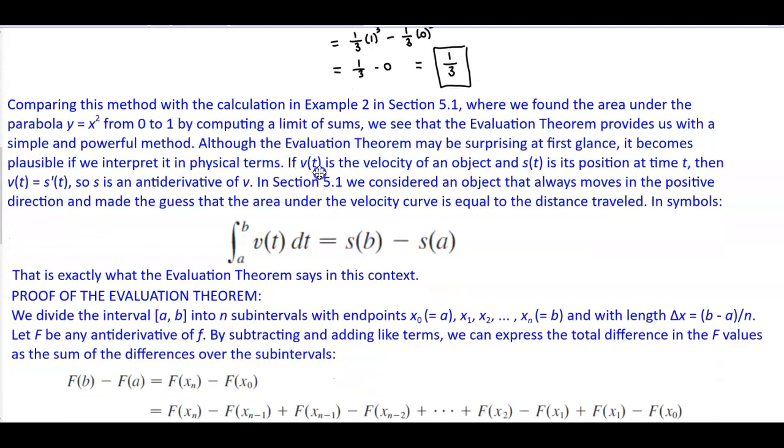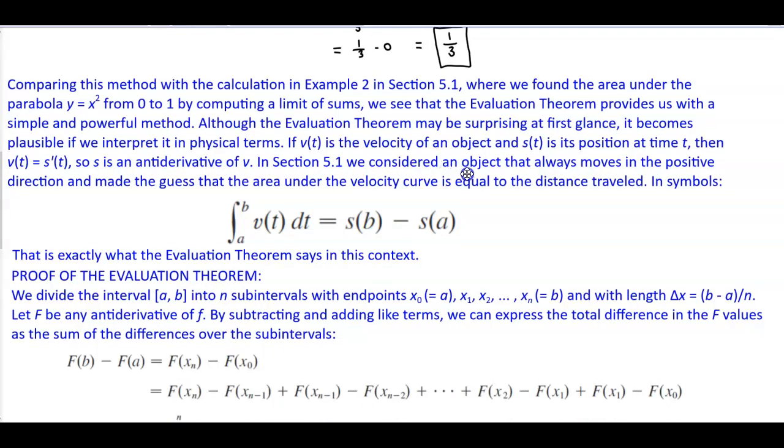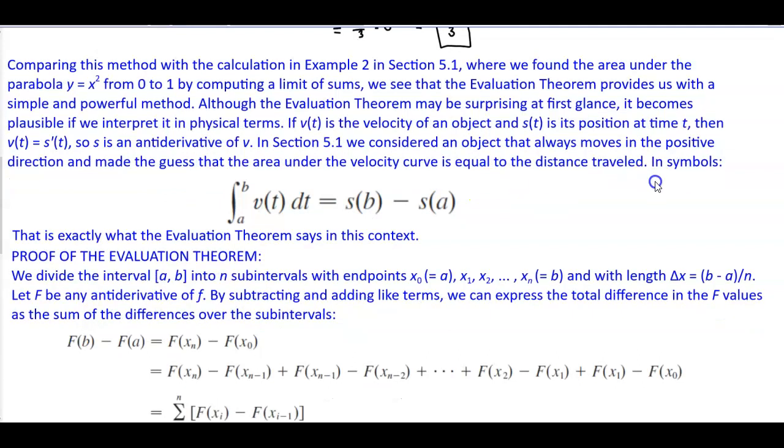Now, if v of t is the velocity of an object and s of t is its position at time t, then we know that v of t is equal to s prime of t, the derivative of the position function. So s is an antiderivative of v. In section 5.1, we considered an object that always moves in the positive direction and made the guess that the area under the velocity curve is equal to the distance traveled.